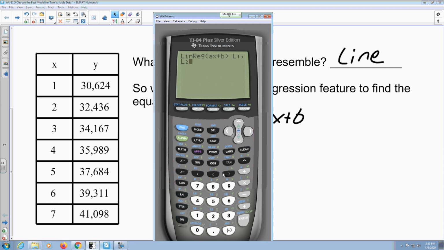This is just telling it to use the x and y values from the stats that we just plugged in. Then we hit Enter.